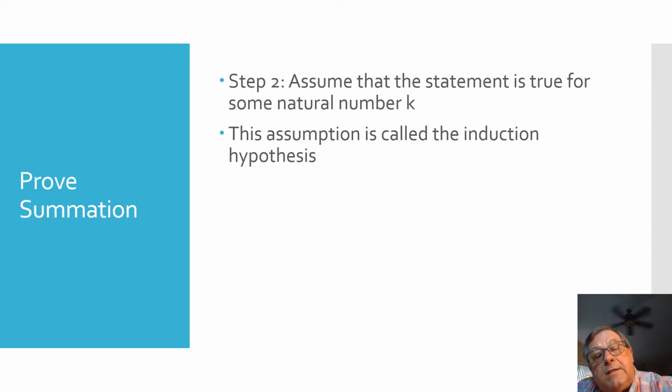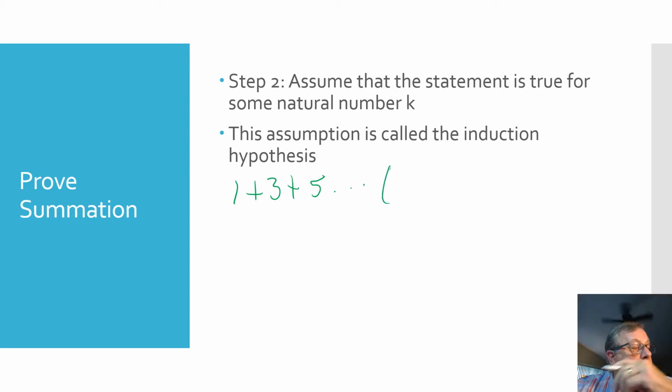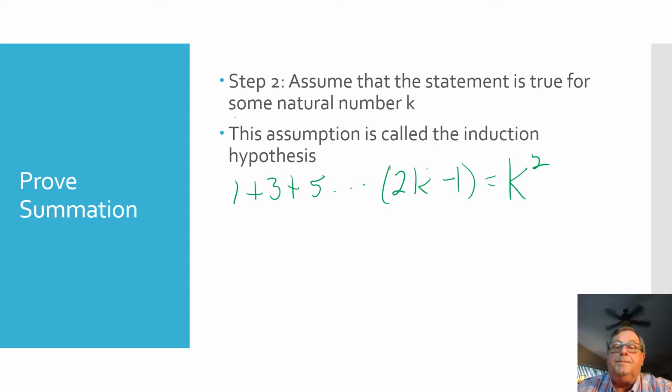And we would actually write this as 1 plus 3 plus 5 plus, up to, 2k minus 1 equals k squared. That's called the induction hypothesis.